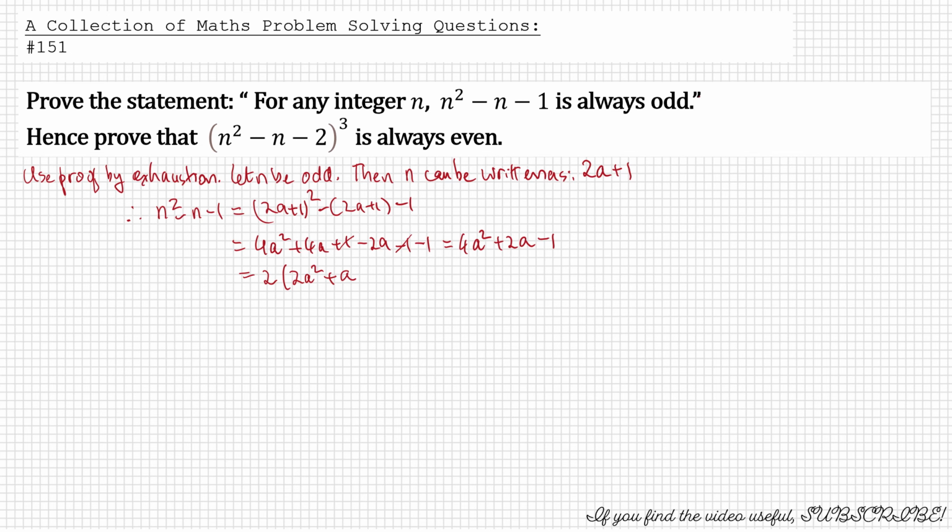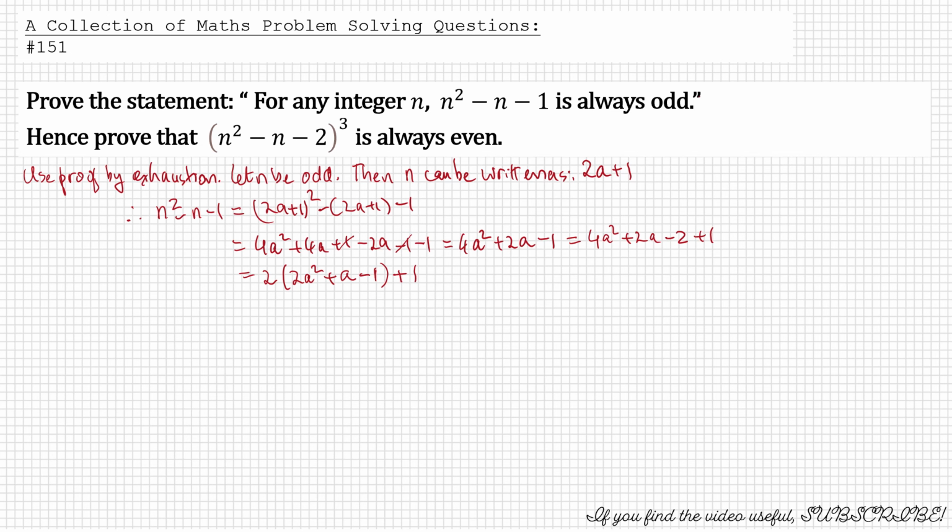Now I missed a step. You can rewrite this as, before that, 4a square plus 2a, you write minus 2 plus 1. So if you did that, then you can write this here as minus 1, and then you can write the plus 1 separately.